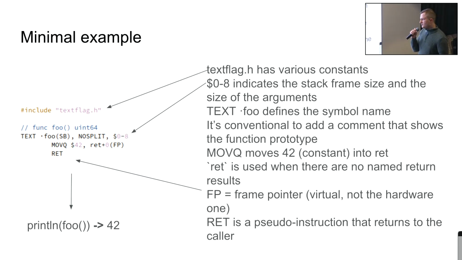The Go assembler replaces it with actual instructions. But we can just write ret, and it will return 42 to the caller.